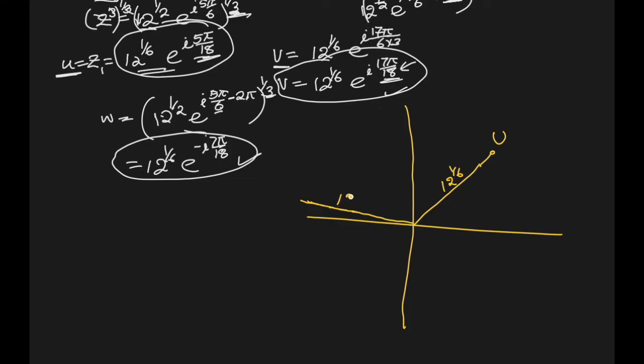So this is also 12 to the power 1/6. This is v, and w is in the negative direction, 70 degrees, almost here. Same magnitude, 12 to the power 1/6, and this is w. They're asking us to find the area of this triangle.